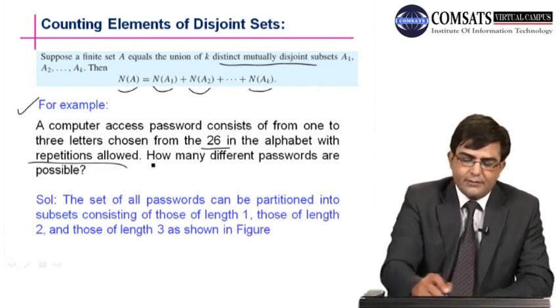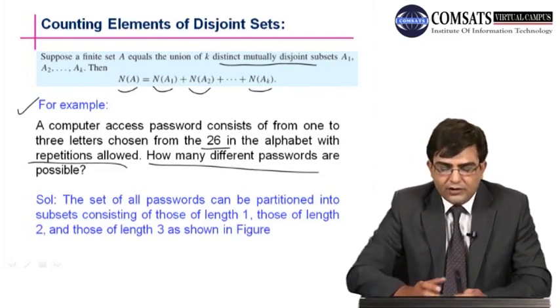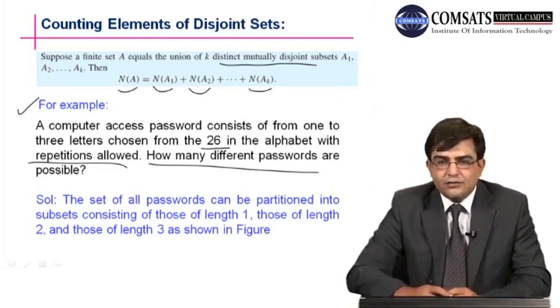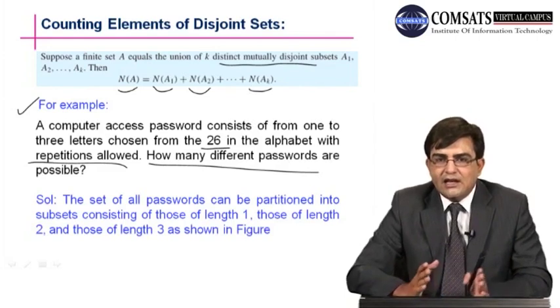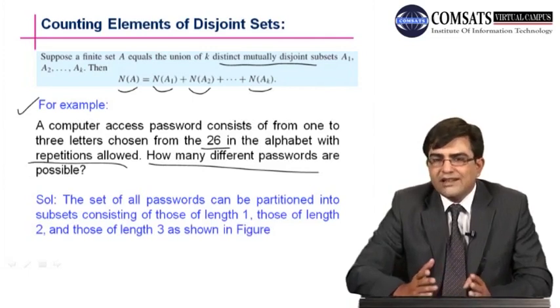So how many different passwords are possible? Now the set of all passwords basically can be divided into 3 subsets. We suppose that there are 3 subsets, A1, A2, A3. A1 contains all the passwords whose length is 1. That is, in this set the passwords are of only 1 letter.